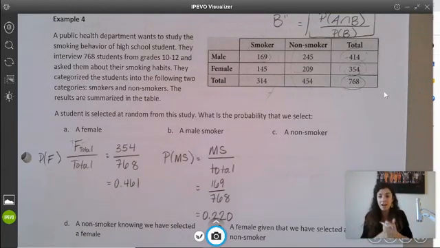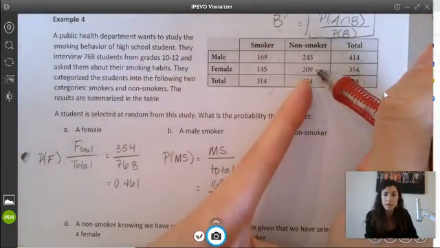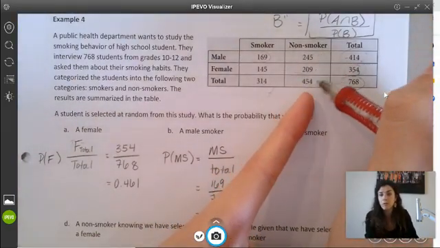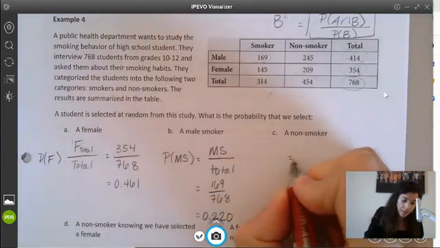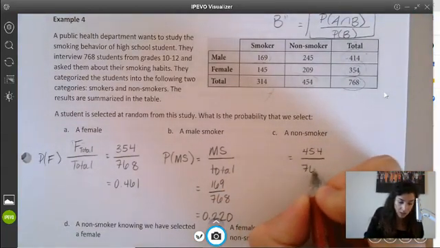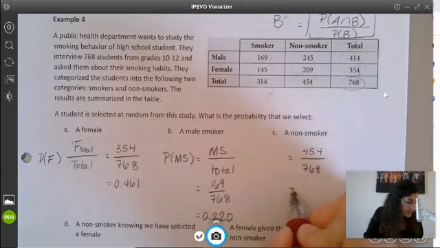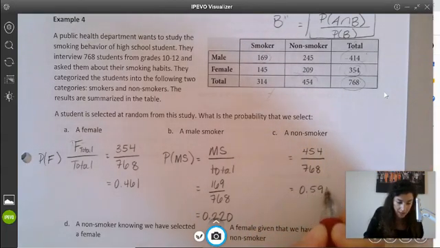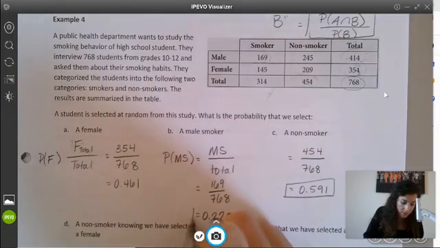Okay, a non-smoker. Where are all of the non-smokers grouped together? Male and female non-smokers add up to a total of 454. So it's going to be 454 divided by just your regular total, a decimal of 0.591.